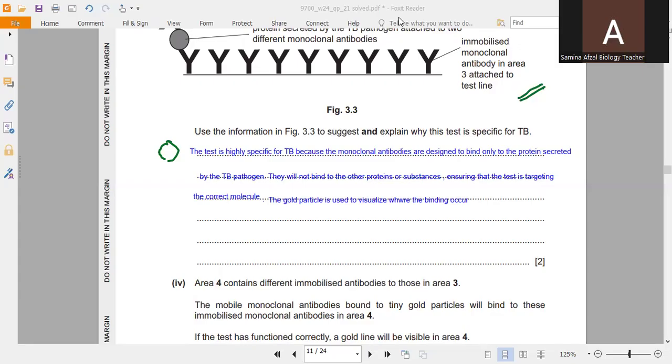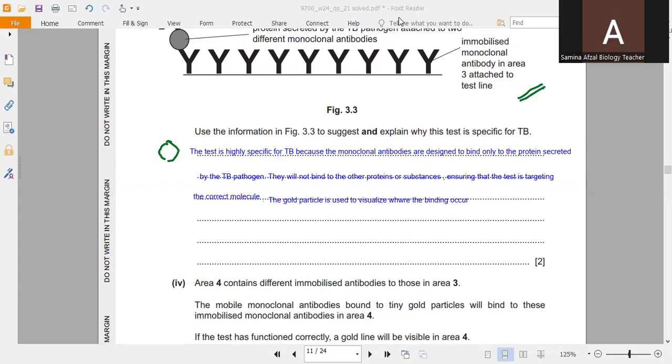And then the process will take place. So these are the specific antibodies. They are designed to bind only to the protein secreted by the TB pathogen, and they will not bind to other proteins or substances, ensuring that the test is targeting the correct molecule.